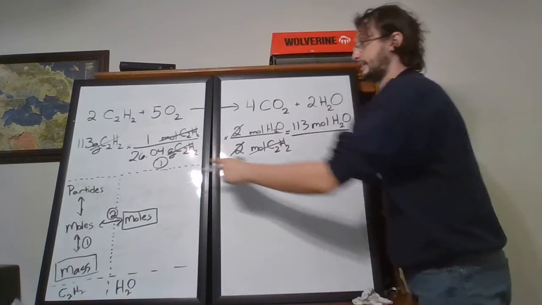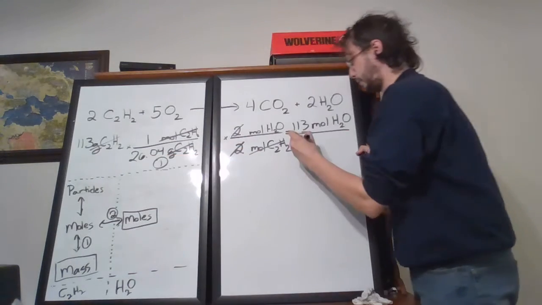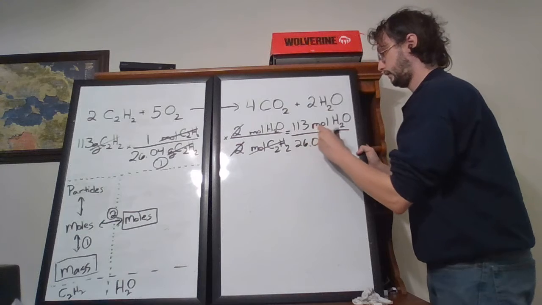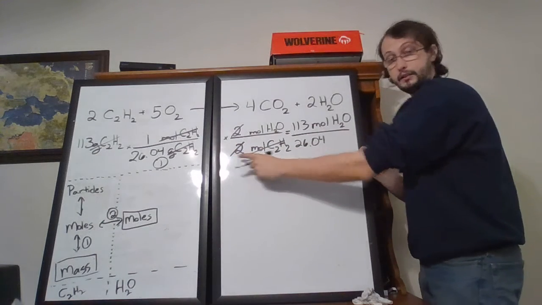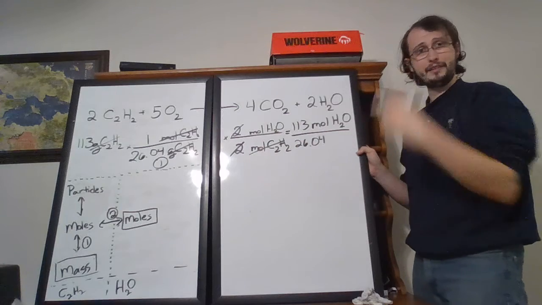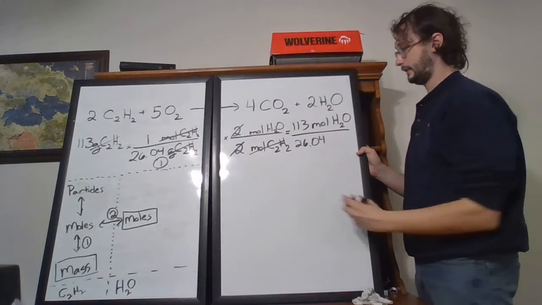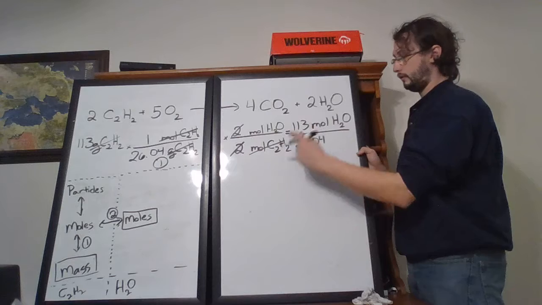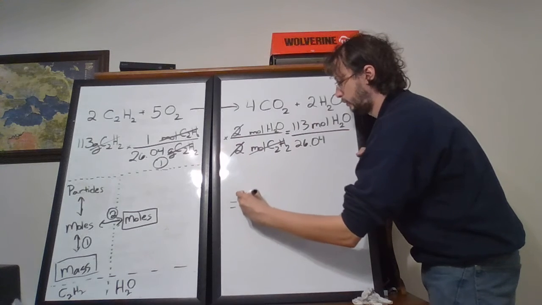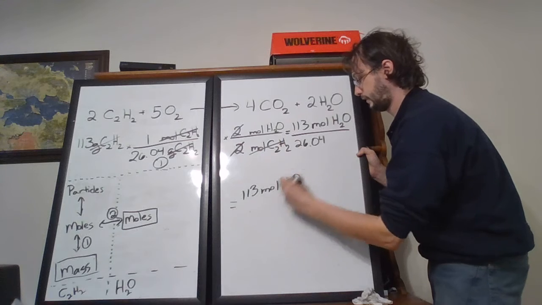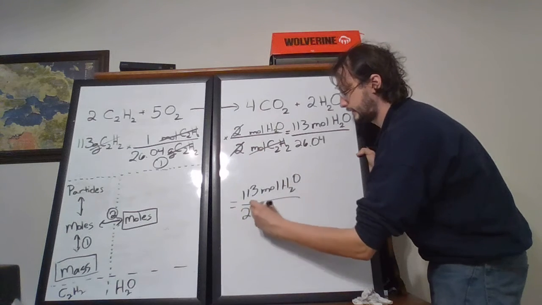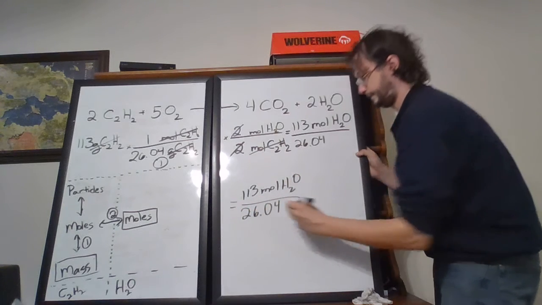Divided by, let's see, everything on the bottom. We've got 26.04, but grams of acetylene canceled out. 2 canceled out. The units here canceled out. So actually, that's all we've got left. Everything else canceled out for us. So let me rewrite that so you can see that clearly. 113 moles of H2O over 26.04.